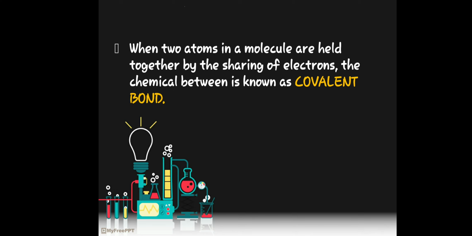Okay, next slide. When two atoms in a molecule are held together by sharing of electrons, the chemical bond between them is known as a covalent bond. If the element is shared lang, mag-share lang siya ng electron, both elements will share an electron with each other. That is called a covalent bond.